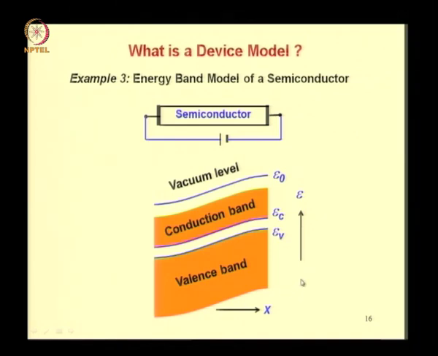So this diagram plots the electronic energy in the y direction as a function of distance. This is the one dimensional energy band diagram. Now you find that the lines are somewhat curved because the conditions in the semiconductor are not uniform.